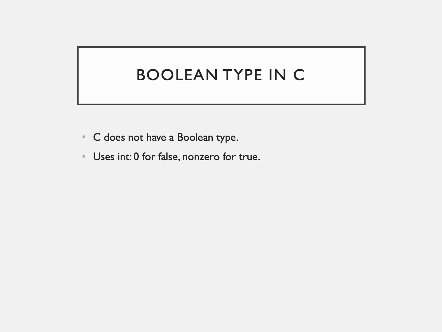Starting with C99, a bool type and a standard stdbool.h header were introduced. But even with stdbool.h, the Boolean values are still represented using integers 0 and 1.